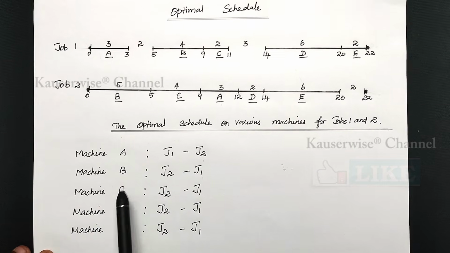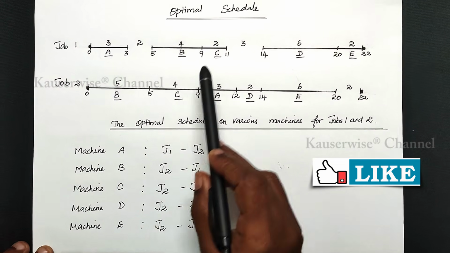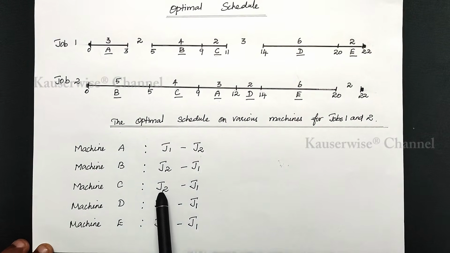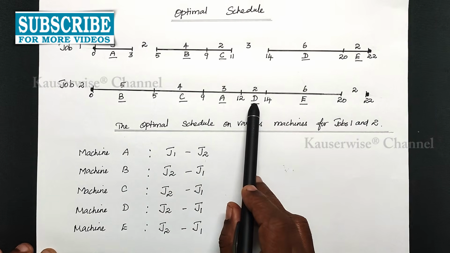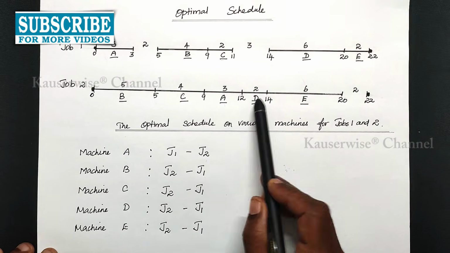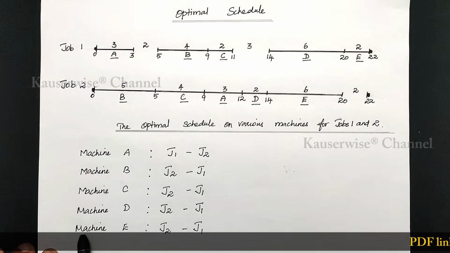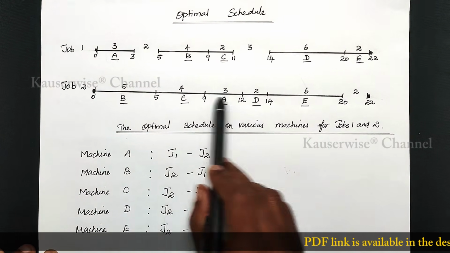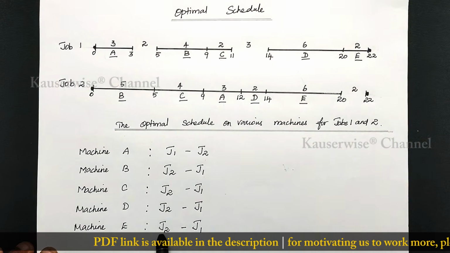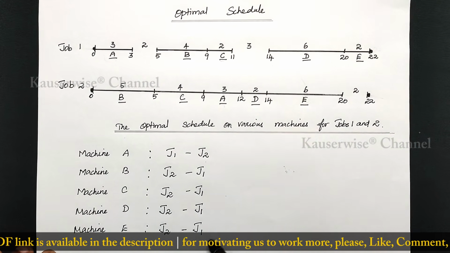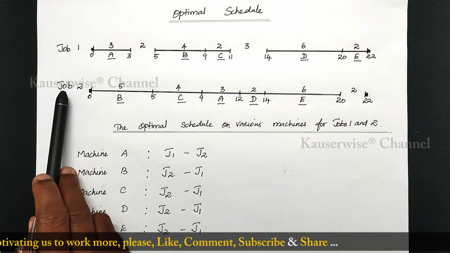Next, machine C processing job 2 first and then job 1. So 2 and 1. Then machine D, job 2 first and then job 1. 2 and 1. And finally, machine E, job 2 first and then job 1. So 2 and 1. So this is the optimum schedule on various machines for job 1 and job 2.